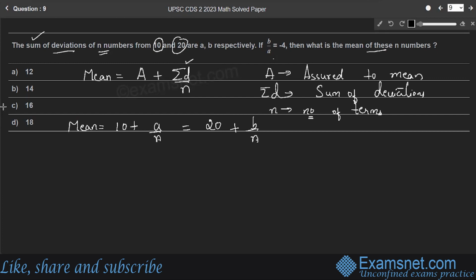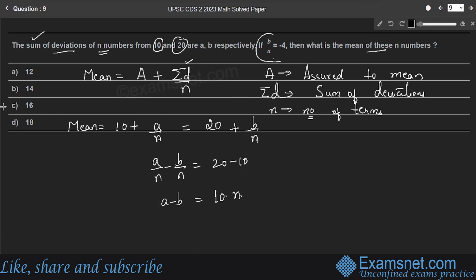So we'll consider a by n minus b by n is equal to 20 minus 10, which is 10, right? A minus b is equal to 10 into n. Am I right?